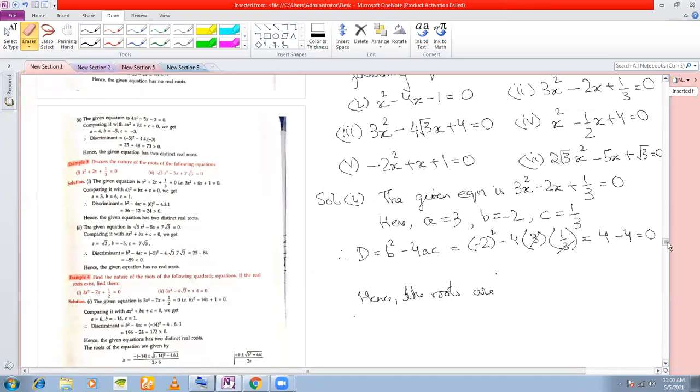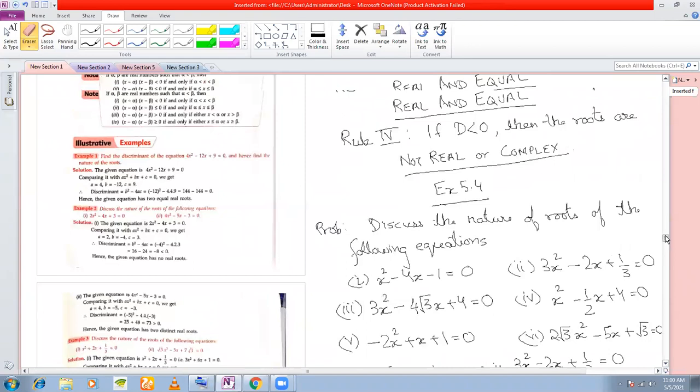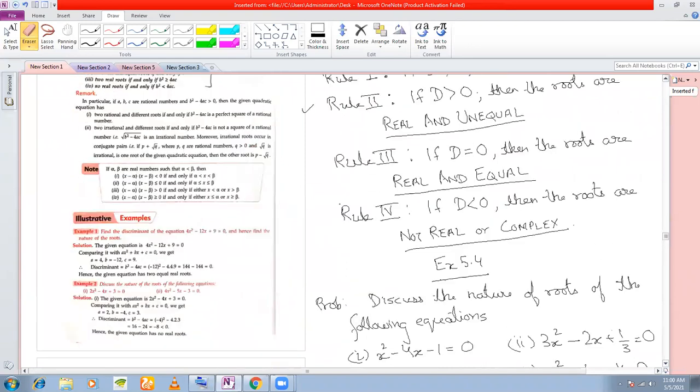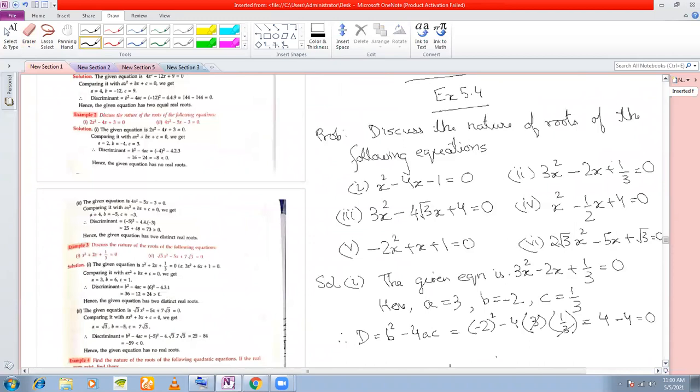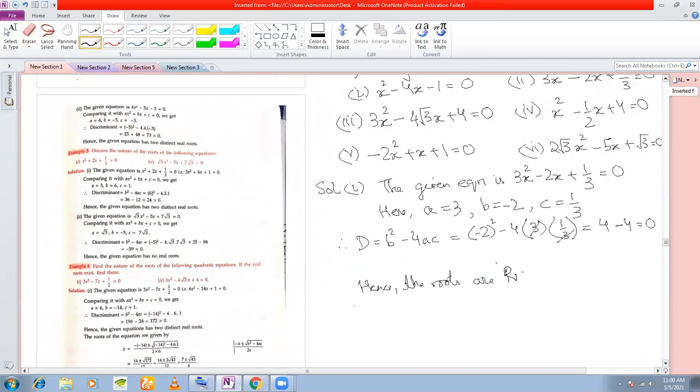So therefore, this is a very important case, as I told you. This is rule number 3. Okay, the roots are real and equal. So hence the roots are real and equal. Fine. So I don't think this is quite easy. It shouldn't be a problem. Let us proceed to the third one.